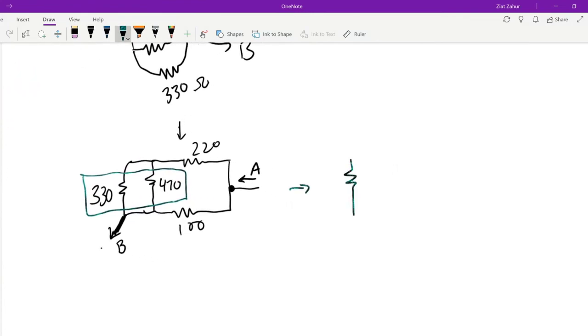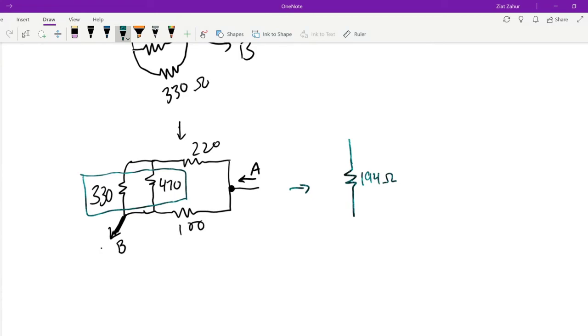So we have this new resistor, which is the parallel of 330 and 470. Let's quickly do that. So that's 330 times 470 divided by 330 plus 470. 700 plus 100 is 800. And so 193.875, so 194-ish. Product over sum.